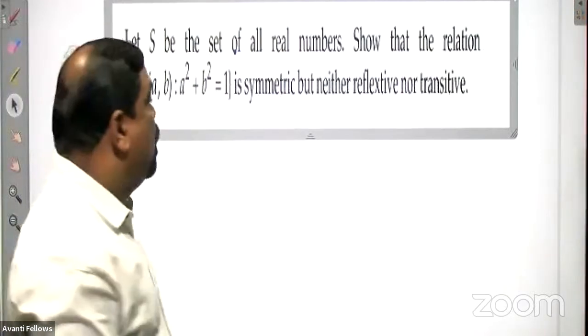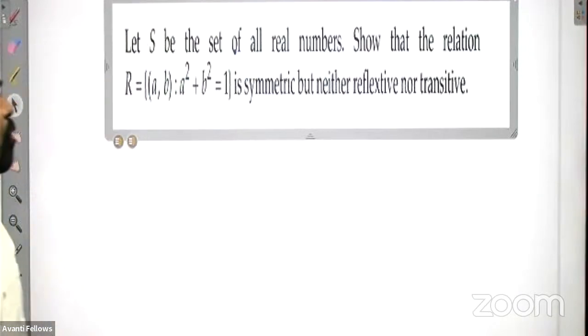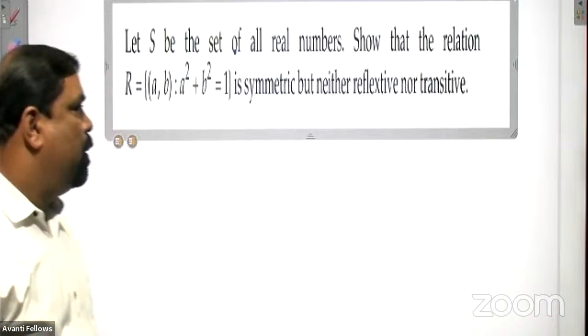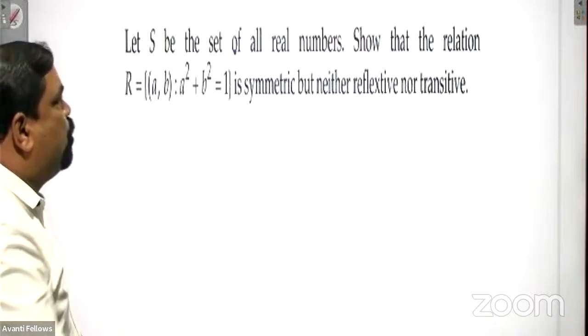The relation is A square plus B square equal to 1. The set is the set of all real numbers. So it is very simple, I think.